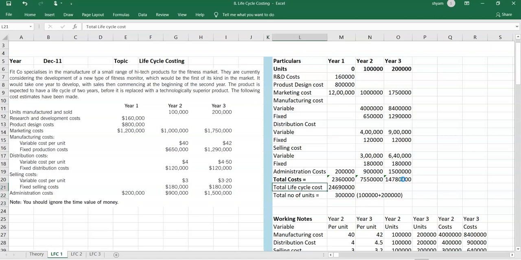So what is the life cycle cost per unit would be.